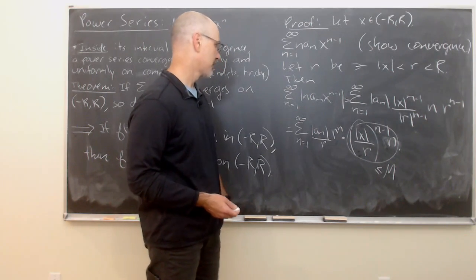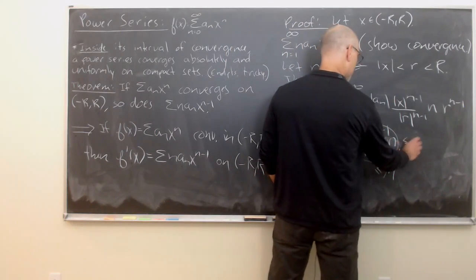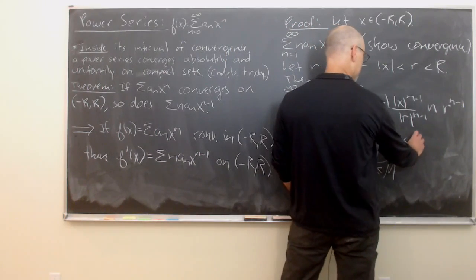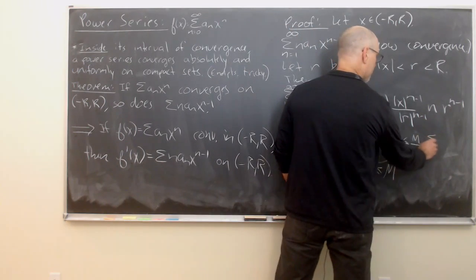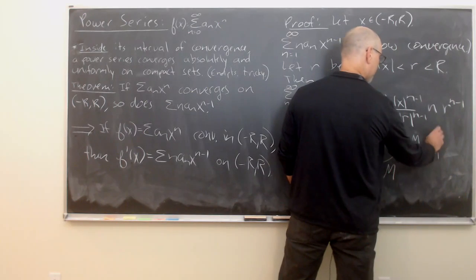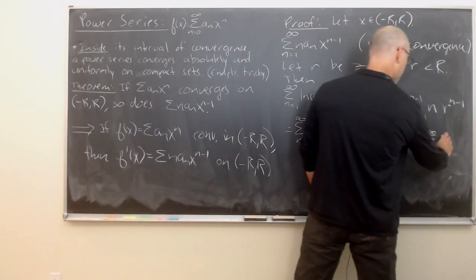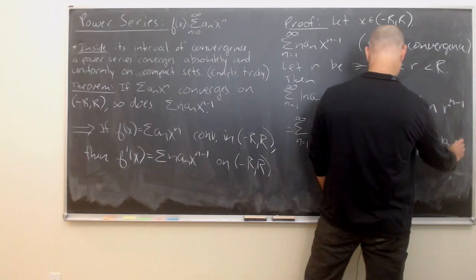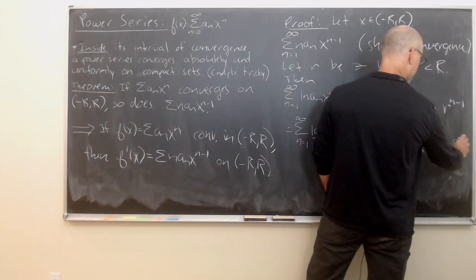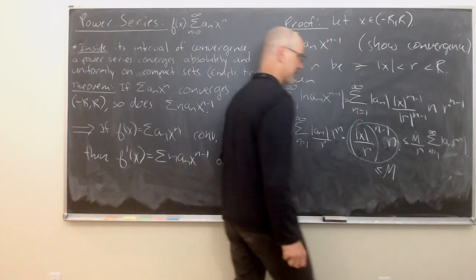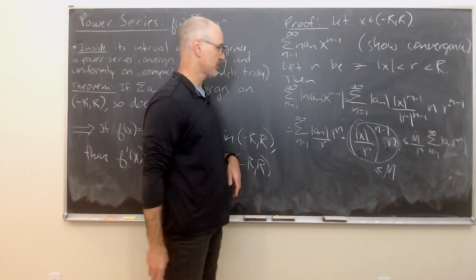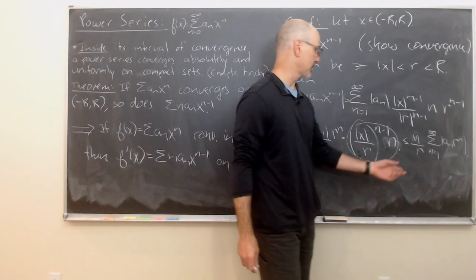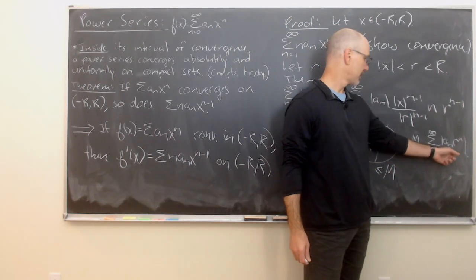So that means that my series is less than or equal to M over r, which is just a constant, times the sum of a_n r to the n in absolute value. And this is where we're basically done, because we make use of the fact that since little r is in the interval minus R to R, note this is the original power series.